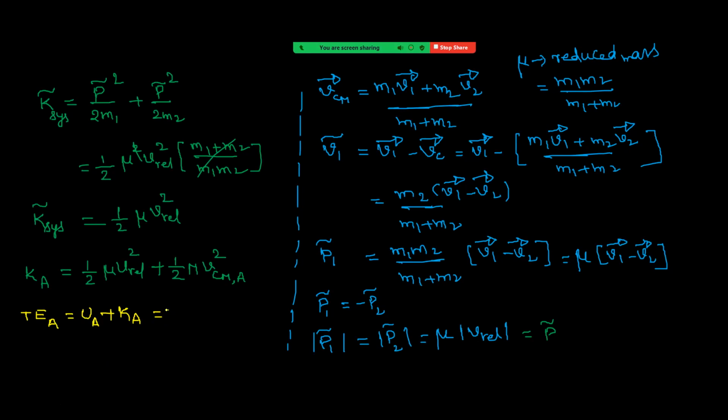So here I can write the same thing as potential energy in the center of mass frame plus, in the place of KA, now write kinetic energy in the center of mass frame plus half m VCM square, that is in frame A. Now this becomes potential energy plus kinetic energy, that is the total energy in the center of mass frame plus half m VCM square in that frame.